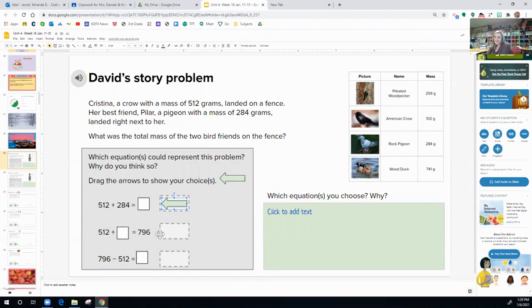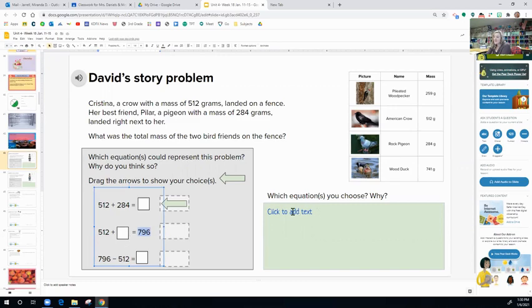This one doesn't make sense to me because 796, we don't get that answer from the problem. We could use that to check, or we could use this one to check because it's the subtracting. However, we don't know this right here. Does that make sense? So if you plugged in your own answer right here, the unknown, then you would get this as your total.